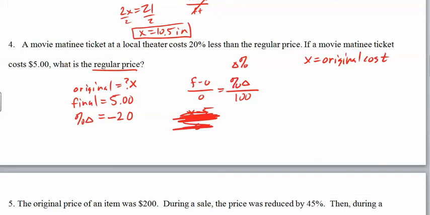So we'll go 5 minus the original over the original equals the percent change, which was negative 20 over 100. From there we can solve.